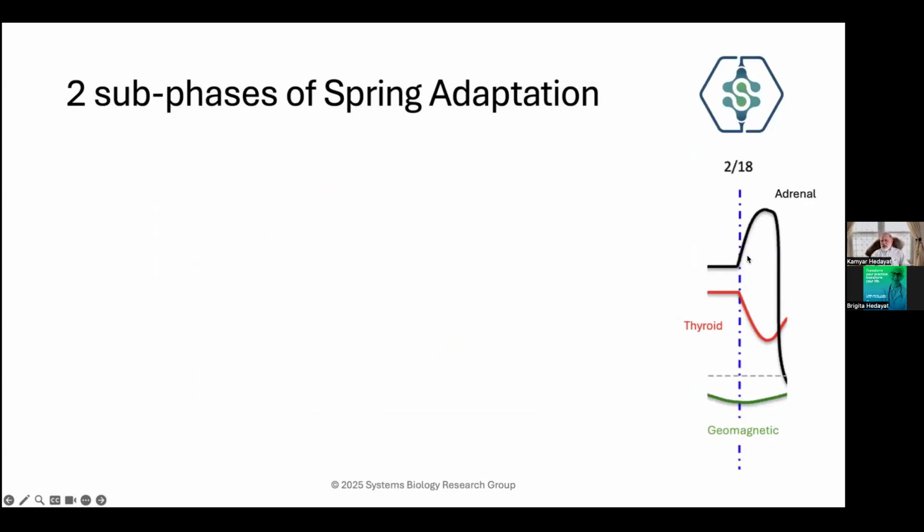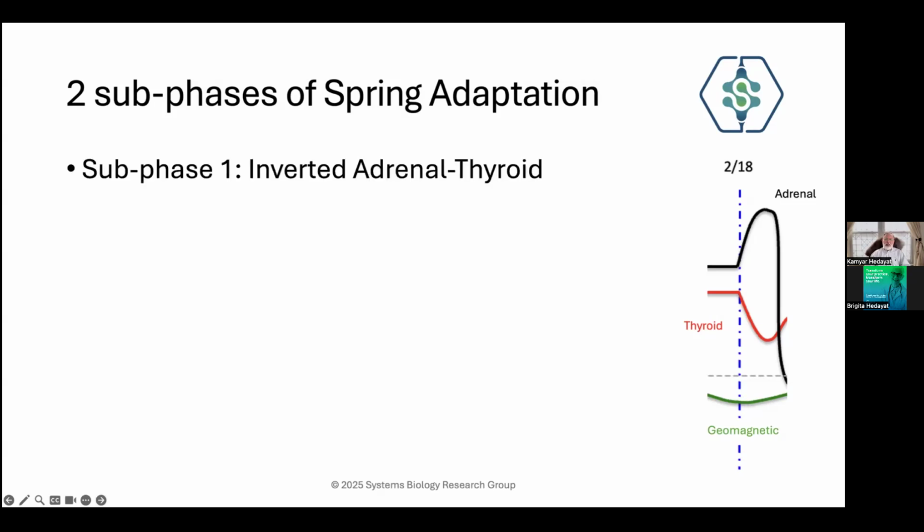That was a few days ago. Okay, we have this boost of adrenal activity and a drop in thyroid activity while geomagnetic activity is increasing. So in subphase 1, we have an inverted adrenal thyroid relationship, as I mentioned. One is rising, the adrenals, the other is falling.